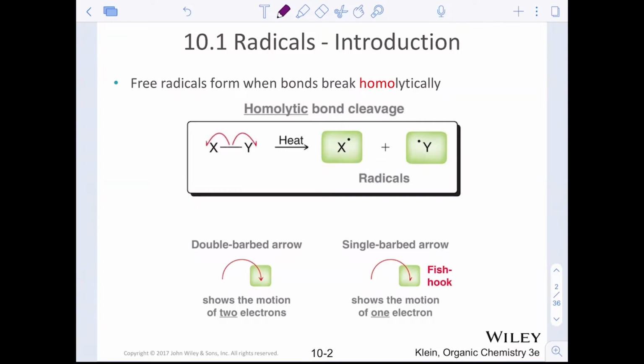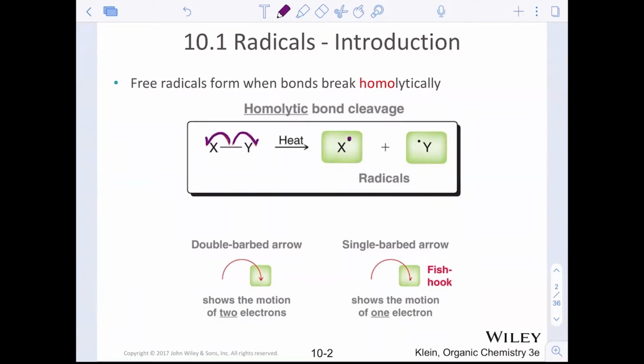Free radicals form when bonds break homolytically. And if we remember, that meant there was a single barbed or fish hook arrow, and that's one electron moving at a time, one electron going to each atom.